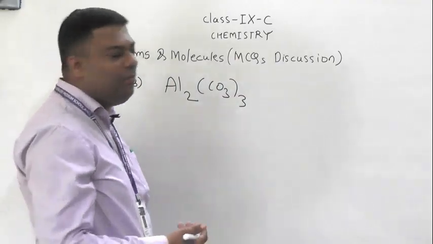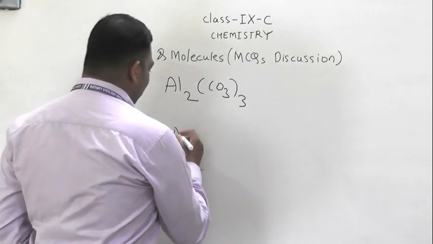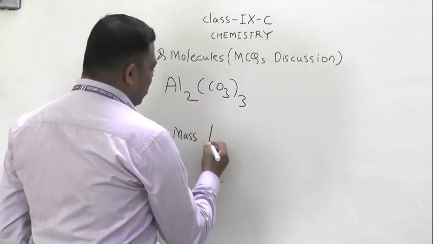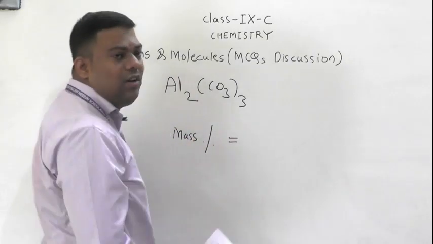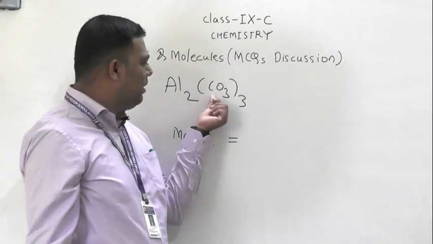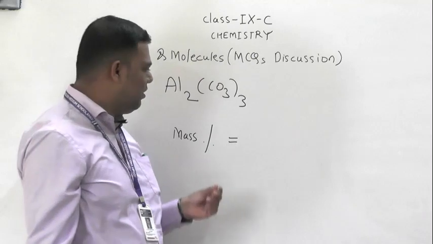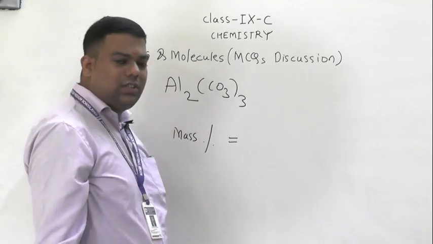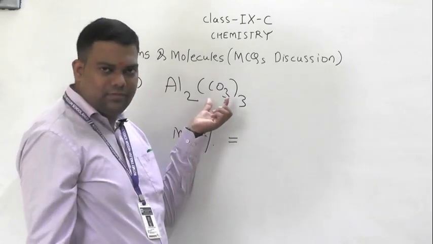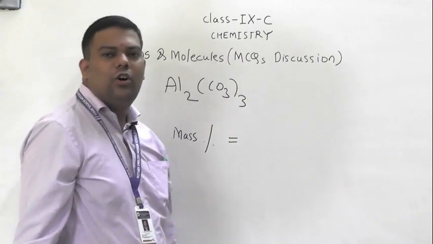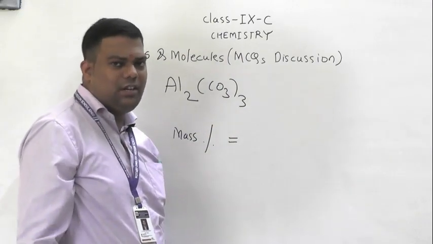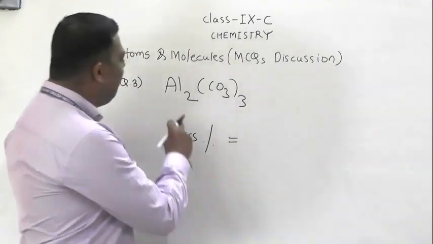As you know, mass percentage is equal to whatever given element's percentage you have to calculate, meaning mass of that divided by total molecular mass. So you can find out here.